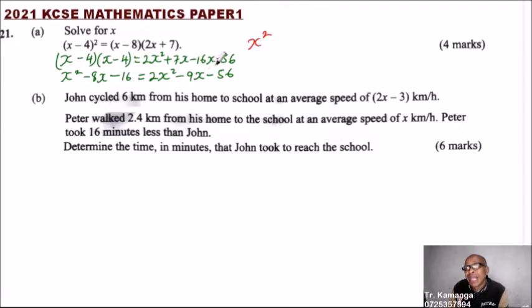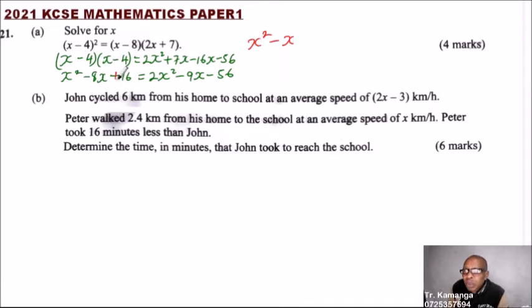So minus 9x plus 8x will give us minus x. 16, once it crosses the other side, becomes positive, and 56 becomes negative.